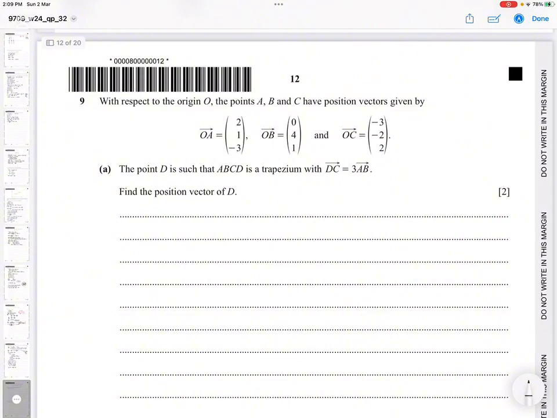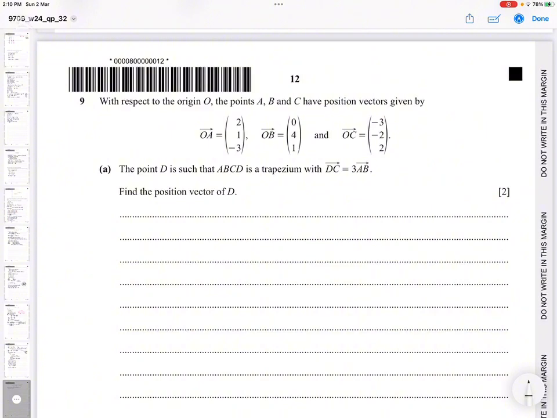Question number 9. With respect to origin O, the points A, B, and C have position vectors given by OA, OB, this. Point D such that ABCD is a trapezium with DC 3 times AB.